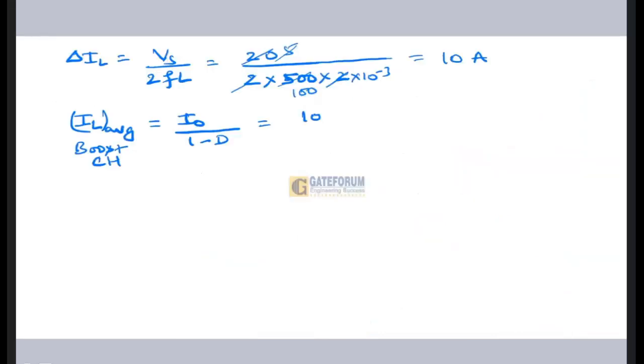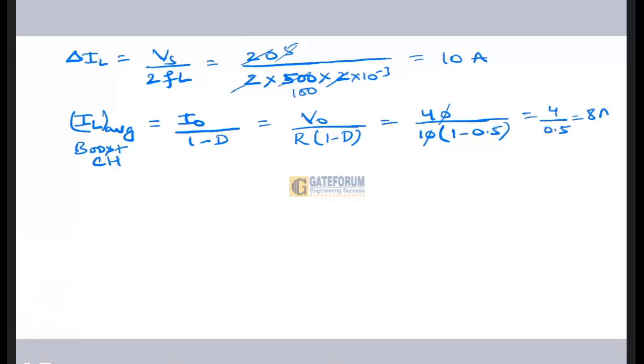So IL average will be V naught by R times 1 minus D, that is 40 by 10 into 1 minus 0.5. So this is 4, and 4 by 0.5 is 8 ampere.